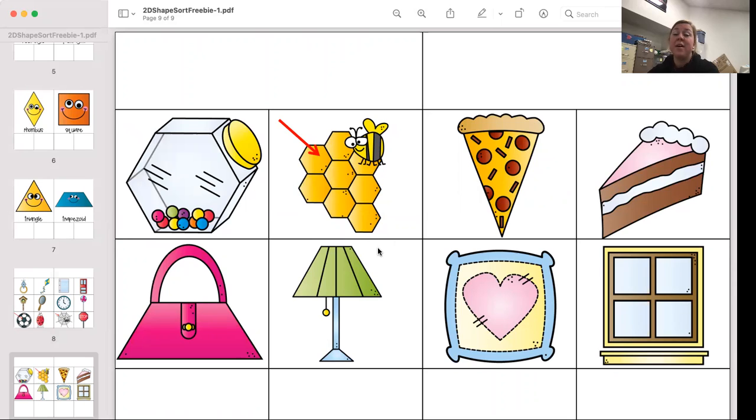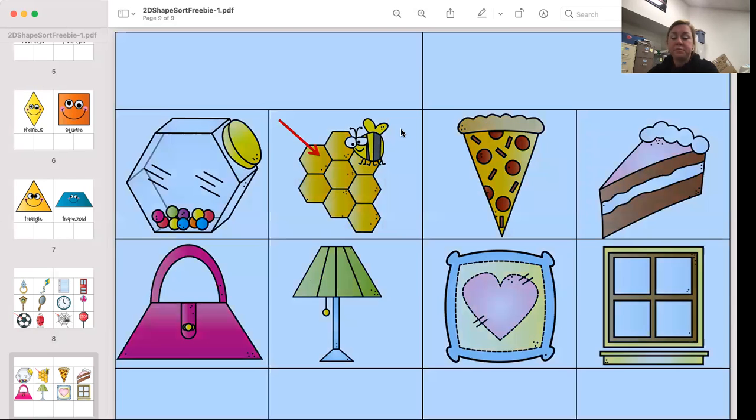So that is also a hexagon. All right, let's do this. So this pizza is a triangle, right? Because it's got 3 sides. Here's 1, 2, 3. And then we move over here to the cake, and it's the same thing. 1, 2, 3. Good job.